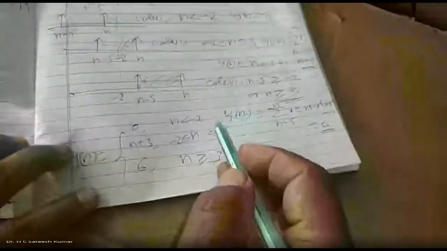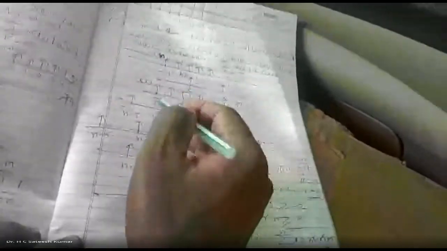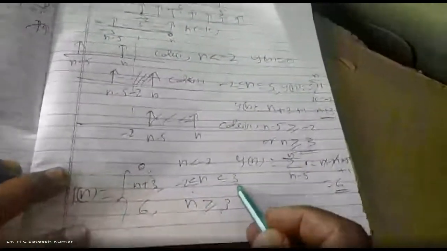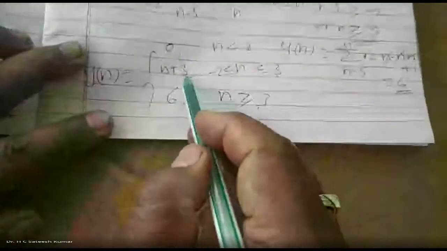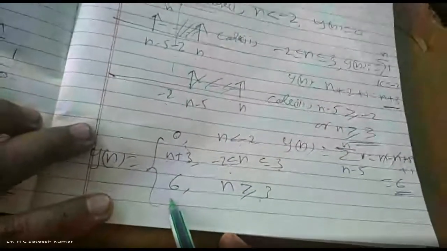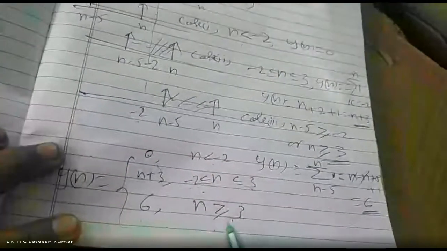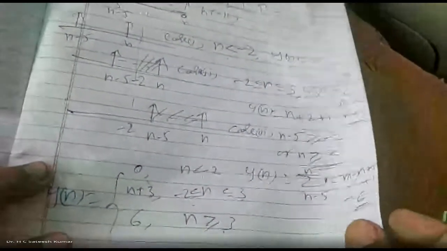So therefore, what will you get? N is equal to -2, -2 plus 3, you will get 1. 1 into 1 is 1. Okay, n is equal to 3. 3 plus 3, 6. So cases we verified and answer also verified. Go for sketching.